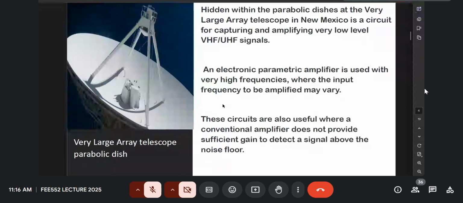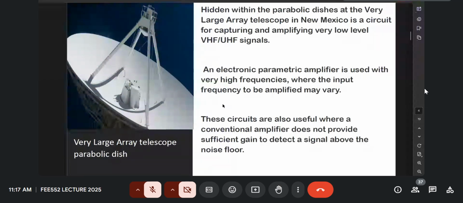So as they reach the Earth's surface and hit the parabolic dish, which is the receiver, they have very low amplitudes, and that's where parametric amplifiers come in to amplify those signals so that we can process them and collect information from them. Hidden within the parabolic dish at the Very Large Array telescope in New Mexico is a circuit for capturing and amplifying very low level, ultra high and very high frequency signals.